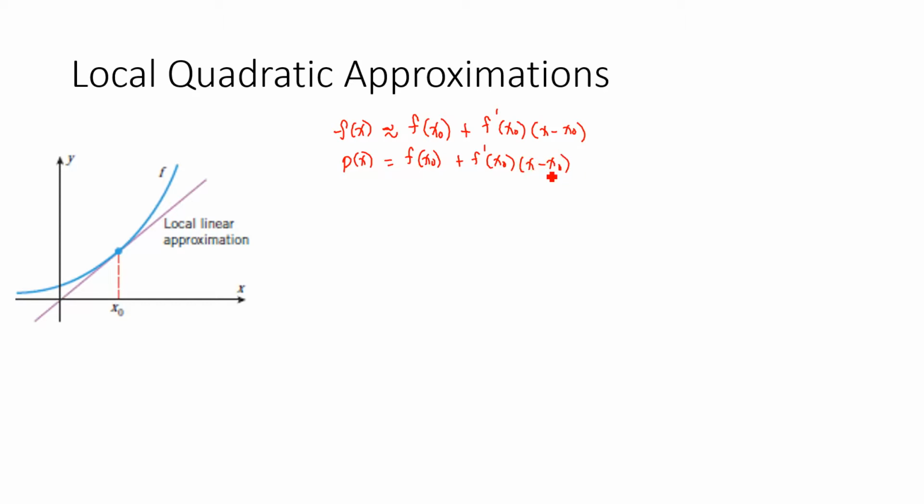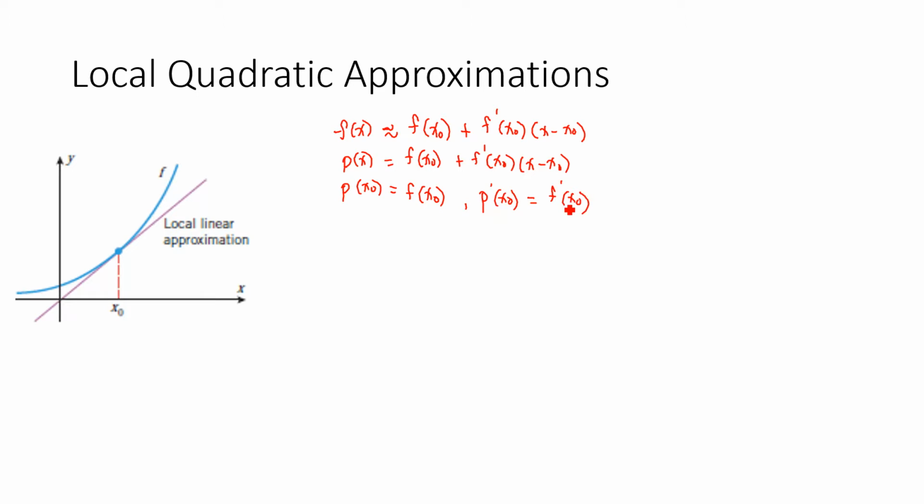It is a first degree polynomial satisfying p of x sub 0 is equal to f of x sub 0, and the first derivative of p is equal to the first derivative of the function f at x sub 0.